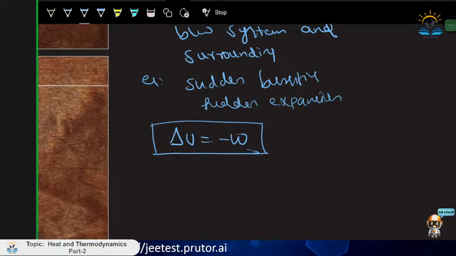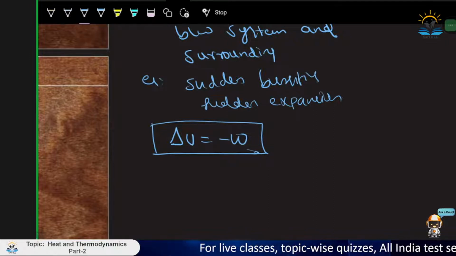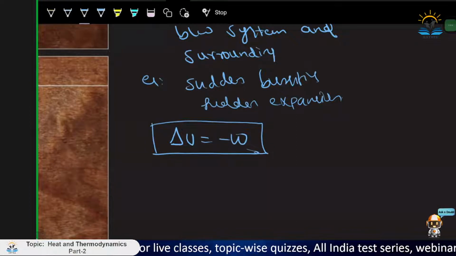That means during adiabatic expansion, work is increasing, delta U is decreasing. So in adiabatic expansion, internal energy decreases, temperature decreases, or we can say during adiabatic compression, internal energy increases, temperature increases. That is the meaning of the sign.